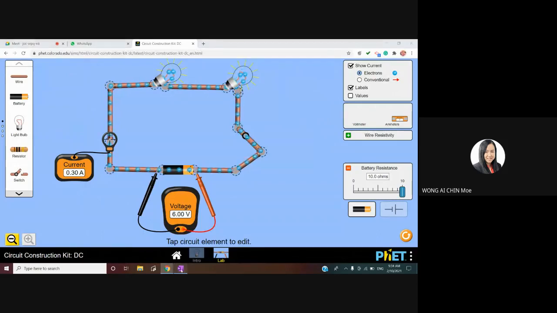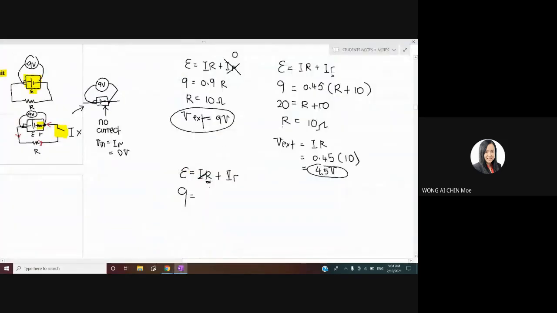Okay, we check whether it is correct or not. The current is the value that we want to find. Here R refers to the total resistance, because we have two light bulbs, so it's 10 plus 10 for external, plus R, the internal resistor. Just now I changed it to 10, so we can factorize out I to 30.